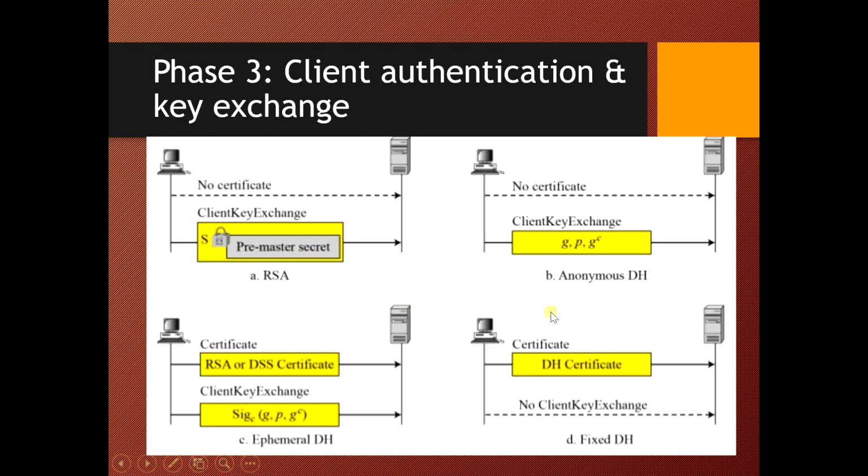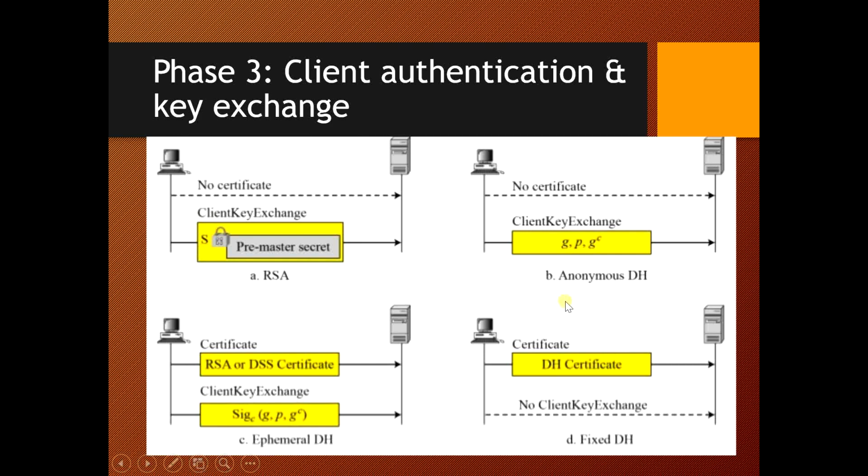If it is anonymous Diffie-Hellman or ephemeral Diffie-Hellman, then the client's public Diffie-Hellman parameters will be sent. If it is fixed Diffie-Hellman, the client's public Diffie-Hellman parameters will be sent in the certificate message, so the content of this message usually will be null.